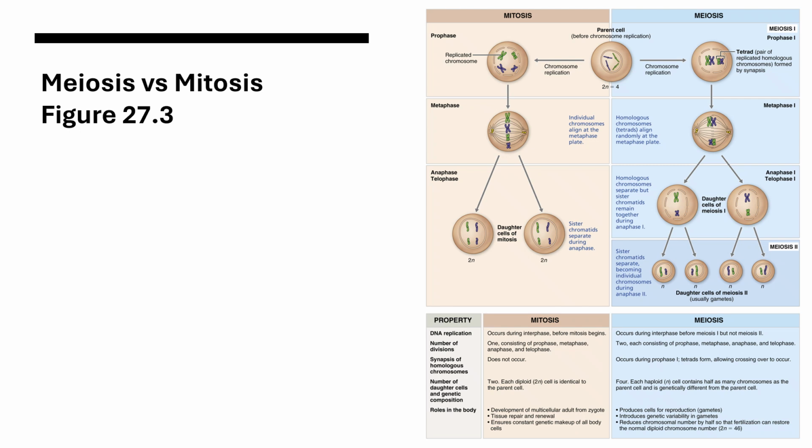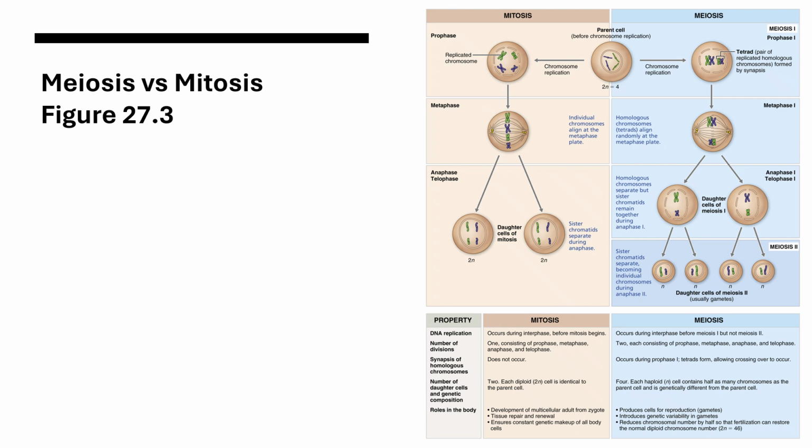Synapsis of homologous chromosomes does not occur in mitosis. It occurs during prophase 1. Tetrads form, allowing crossover to occur. Crossover is where the genetic material mixes. That's only going to happen in meiosis. Number of daughter cells and genetic composition: in mitosis, we have 2.